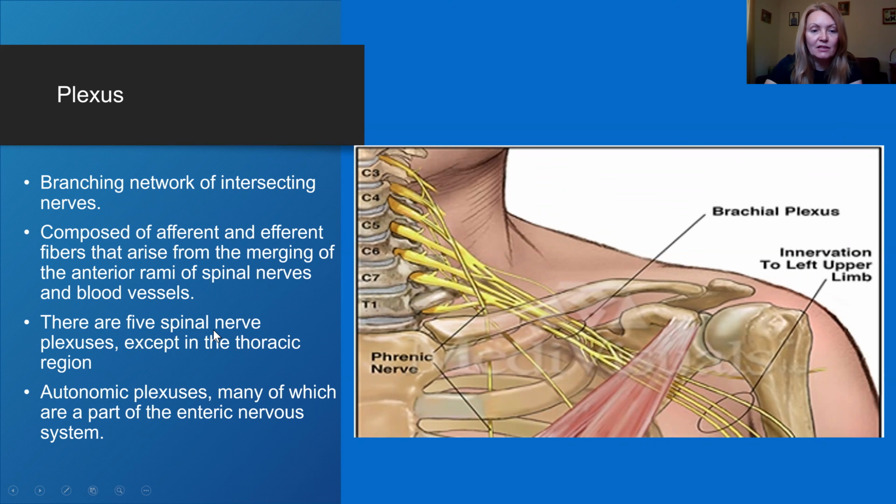There are 5 spinal nerve plexuses, except in the thoracic region. So you do not have plexus in the thoracic region, but you have in the cervical, in the lumbar, in the sacral, right? And then we have autonomic plexuses as well, many of which are part of the enteric nervous system. That is a system that supplies nerves to your GI tract, right? So those are plexuses.